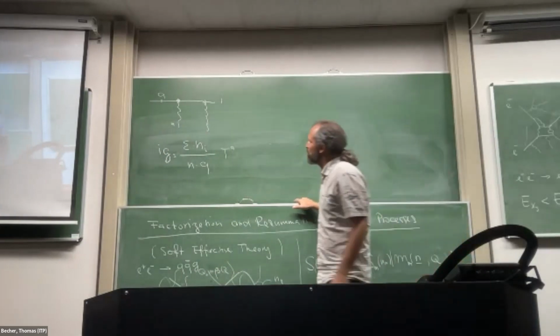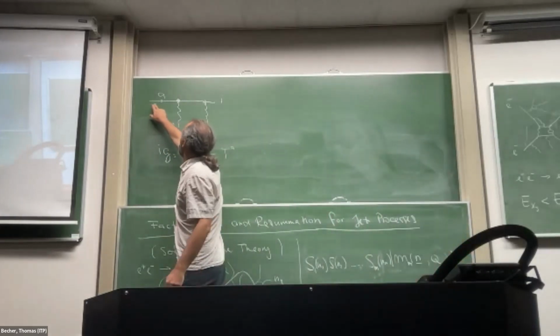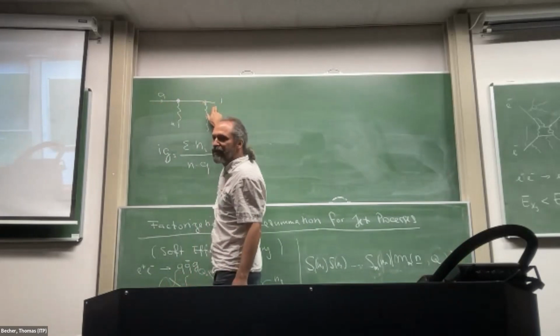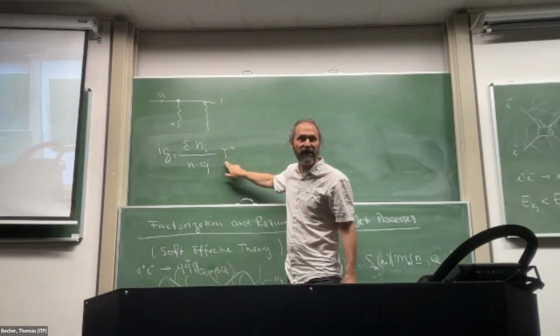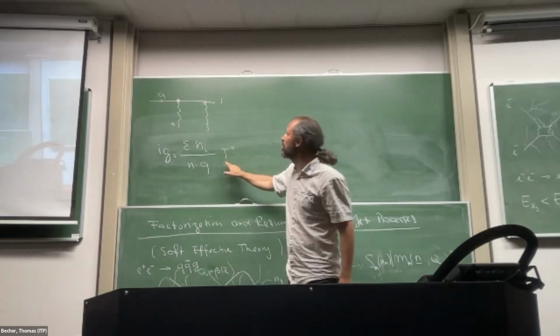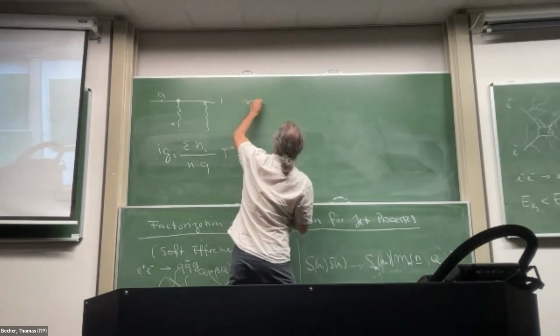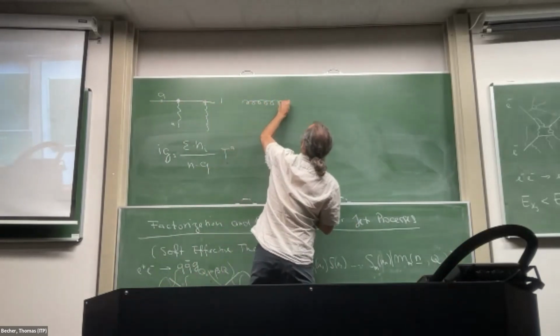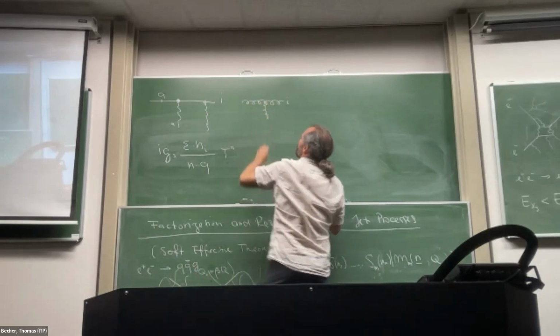And I have to distinguish a little bit. There are, of course, energetic quarks. Then the fundamental representation is the one that is relevant. But I can also have an energetic gluon, and it will emit a soft gluon.